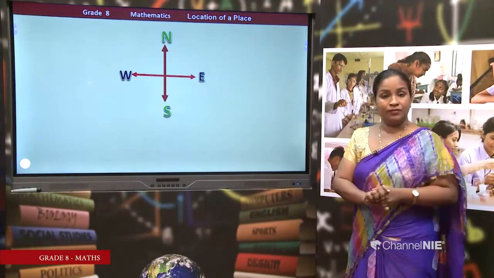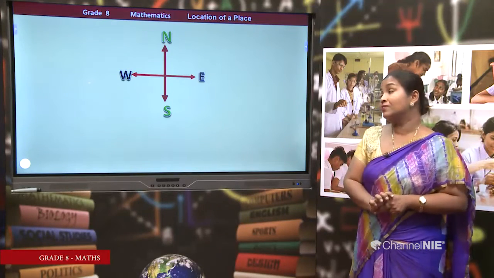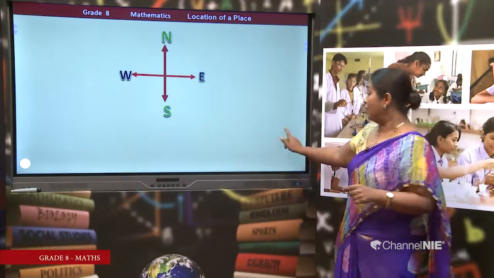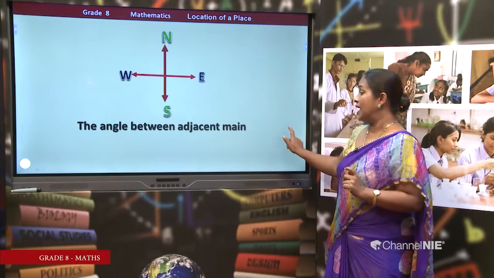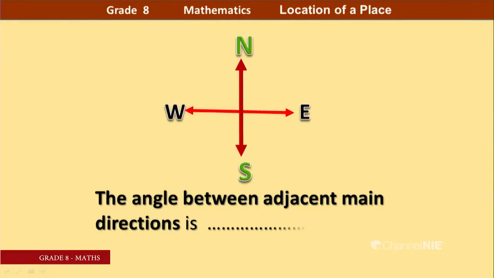Okay. These are the main directions. We are going to find the angle between adjacent main directions. So, what is meant by adjacent? Adjacent means close by, next to each other. You know the meaning, right?